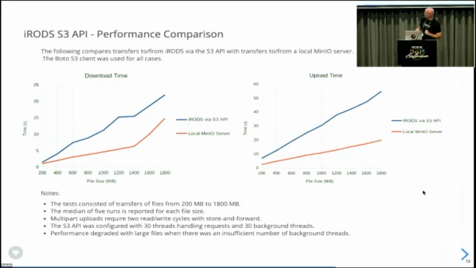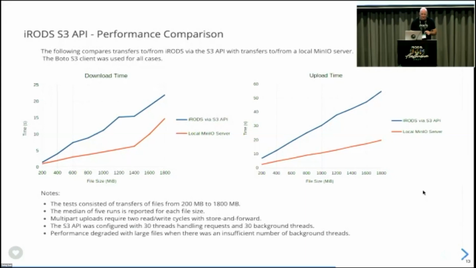This compares writing to a local MinIO server with writing to iRODS via the S3 API. I hoped that the ones on the left would be closer together. We are significantly slower on reads than just reading from a MinIO server. I'm hoping we troubleshoot that and improve on it.